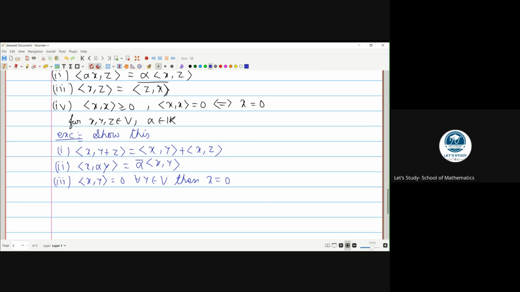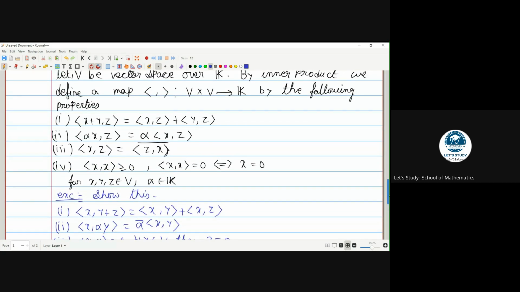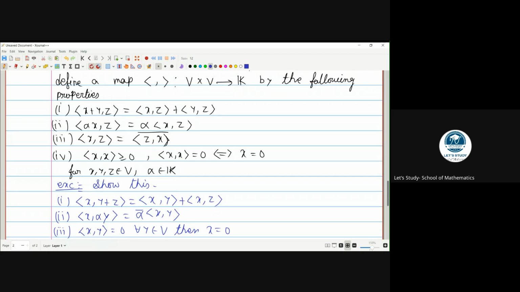Try it using the definition of inner product. Wait, let others also try. Don't be in a hurry. Just three exercises, please try this. An inner product is given on a vector space with the four properties. Use those four properties to show these three properties. Please try.